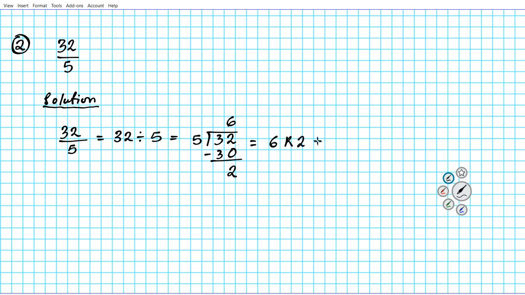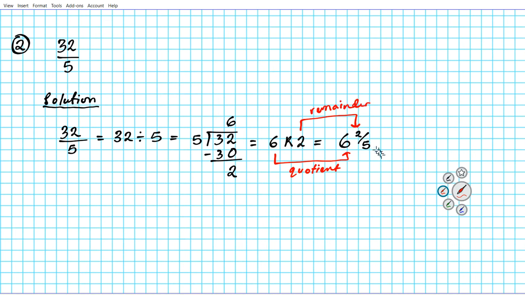How do we convert this to mixed numbers format? You write the quotient as a whole number, and the remainder divided by your denominator. Bam, bam, bam. Let's specify it again. So this number right here is the quotient. And then the remainder is your numerator for the proper fraction component. It's the remainder right here.